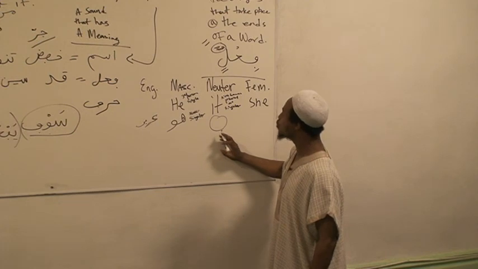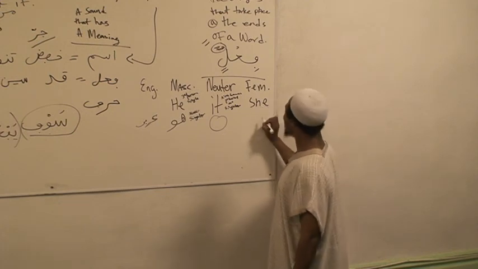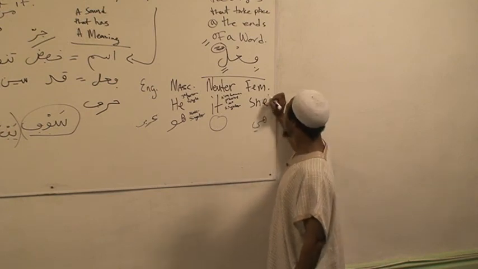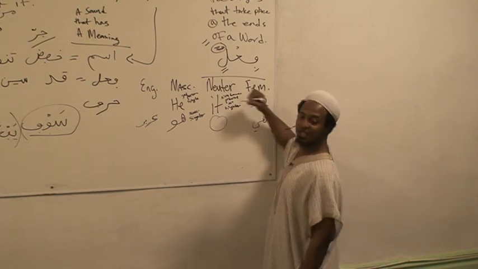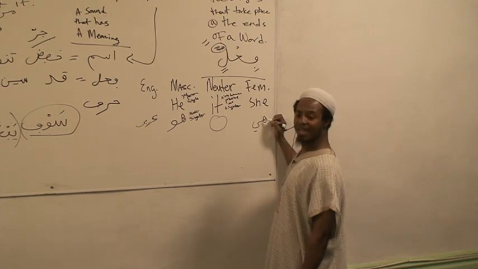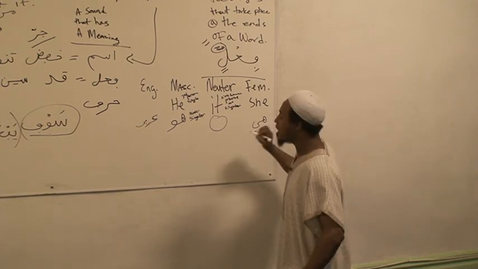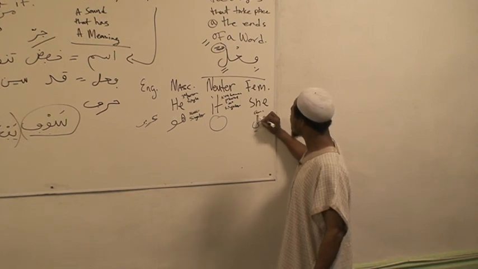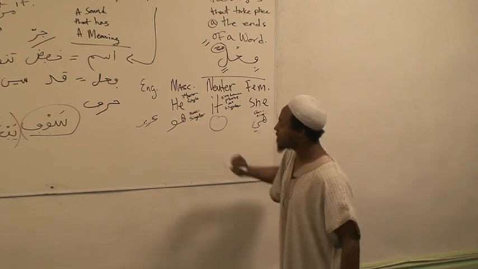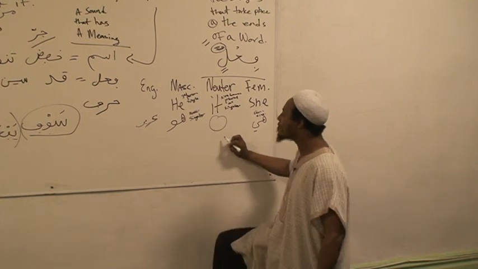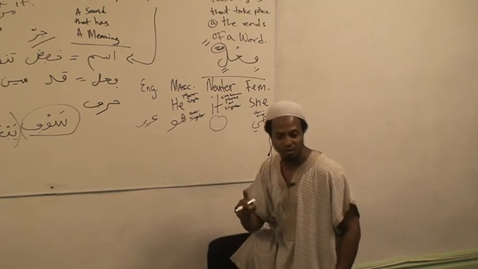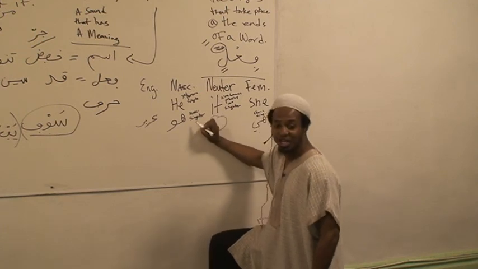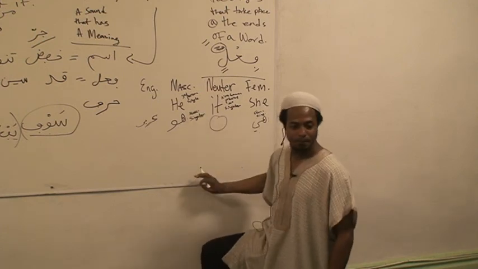It doesn't have a neutral. The feminine is hiya. Hiya, in English, she, is third person singular. But in Arabic, hiya, if it's in reference to a human, then it's feminine singular.